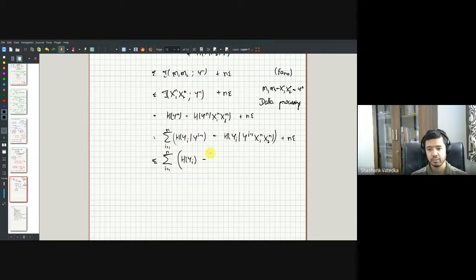Now the second term. Again, as I mentioned, I want to write this as a sum of mutual informations. So I basically want this term, H of Yi given X1 of i, X2 of i.